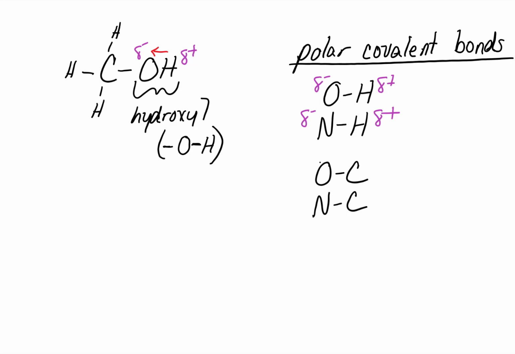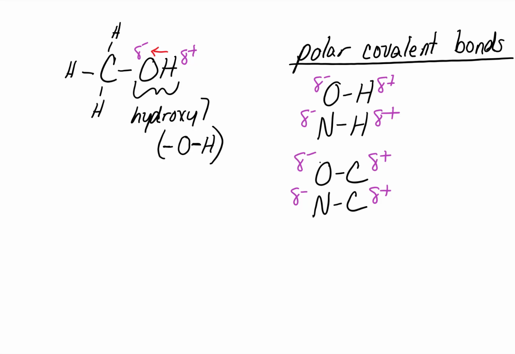So oxygen, again, will have a higher attraction for those shared electrons and have a partial negative charge, where carbon is going to have a partial positive charge. And then we can say the same thing for nitrogen. It has a higher electronegativity compared to that carbon atom, and it is going to attract its electrons stronger than that carbon atom.